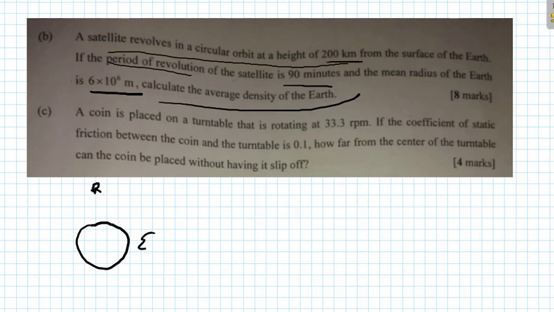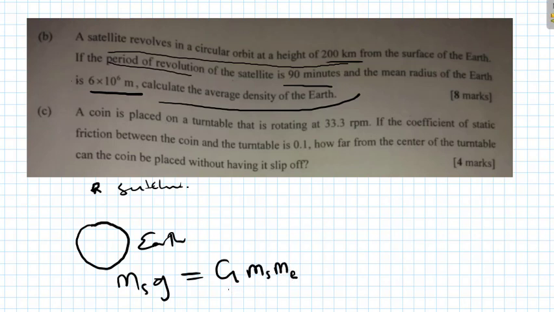Now, if this is the Earth and we have a satellite rotating there, we know that m s g is equal to the formula for the gravitational force, G times m satellite multiplied by m Earth over r squared.